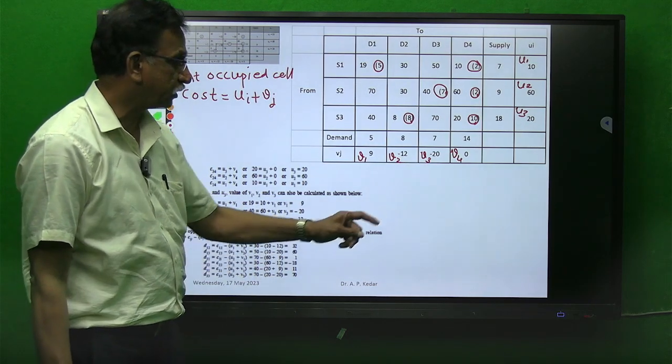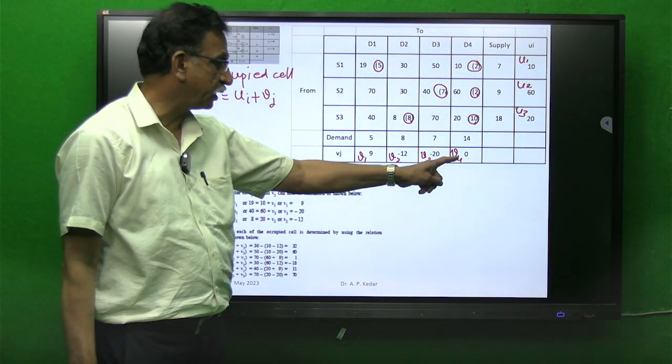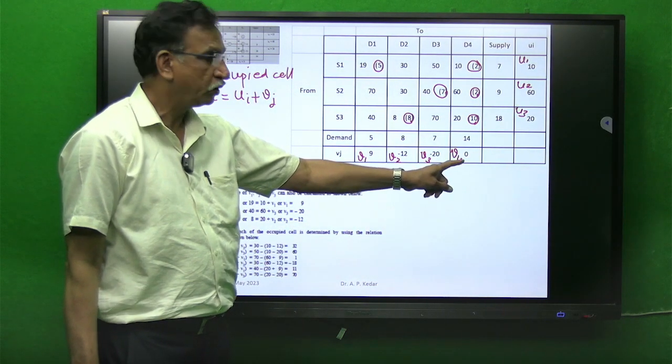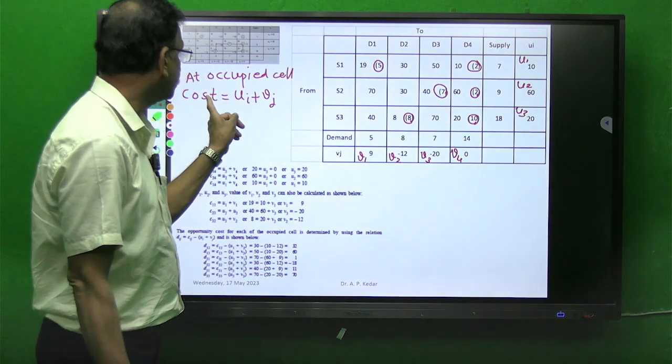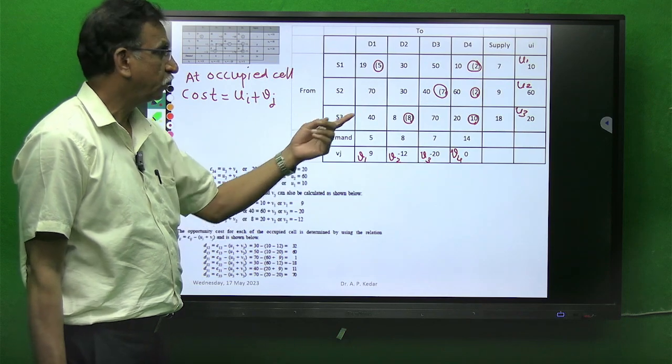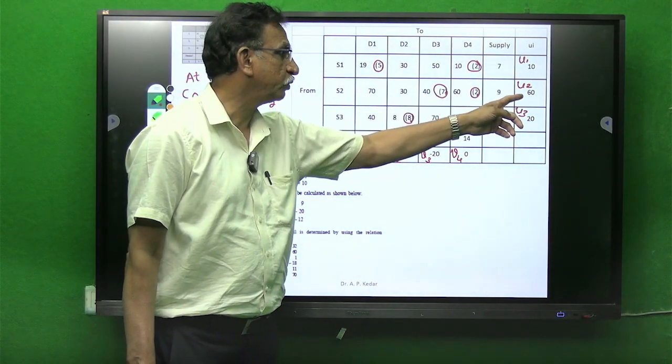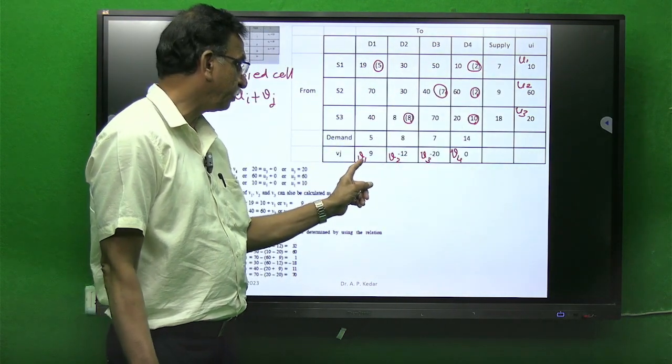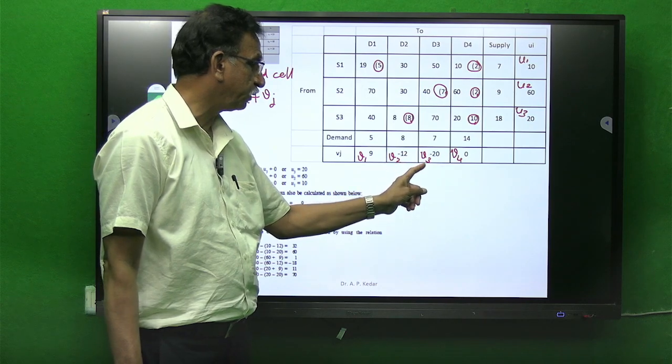Again, in the last lecture we started with the assumption v4 equal to 0, and then we applied this formula for calculating the values of the remaining u1, u2, u3 and v1, v2, v3.